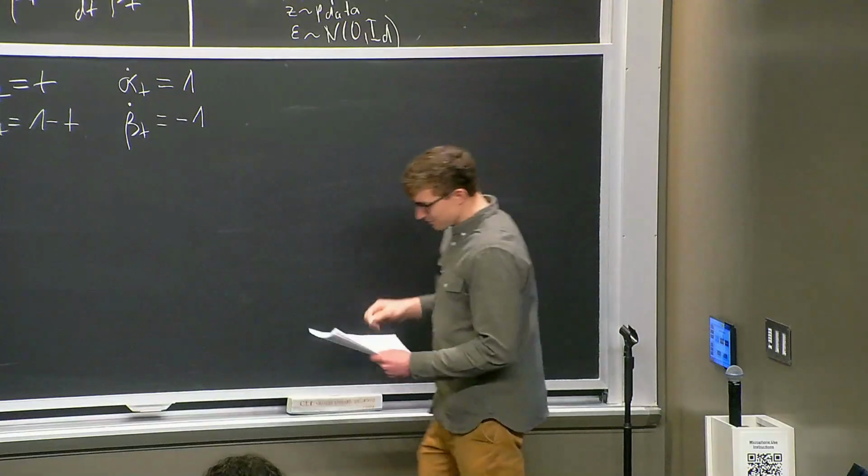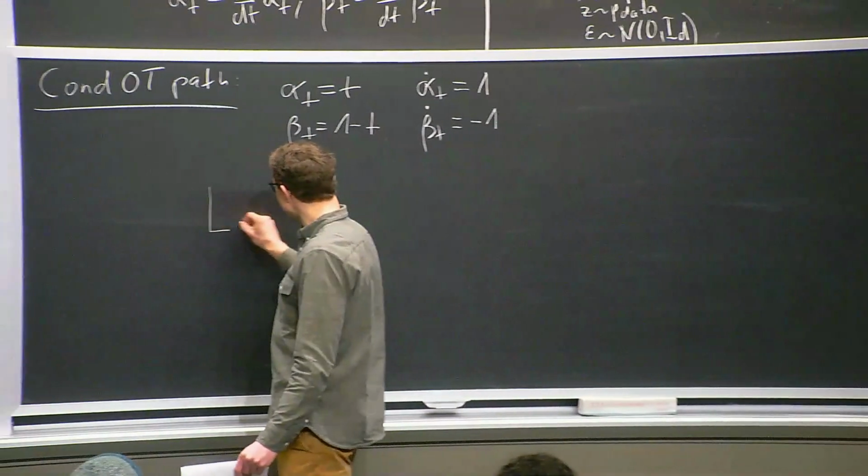What's going to be the conditional flow matching loss in this case?